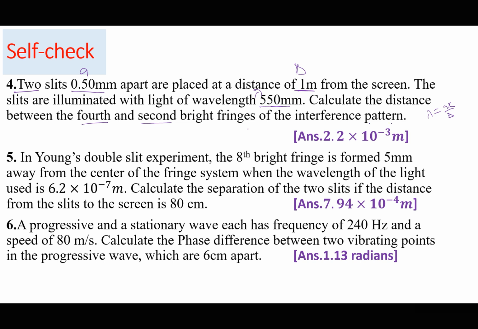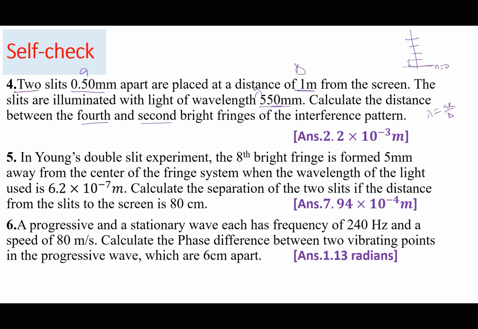I think we even answered this question. Let's say this is the zero order, n equals 0. You have the first, the second, the third, and the fourth. Remember, the distance between each successive bright fringe is x.